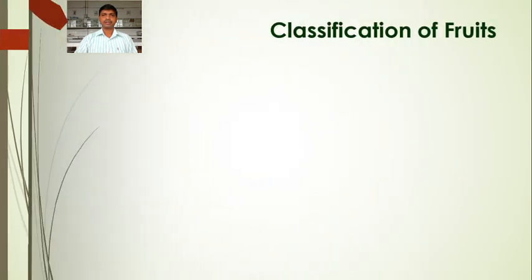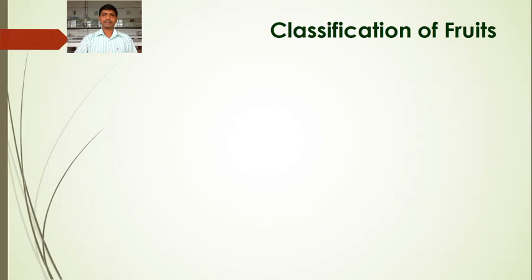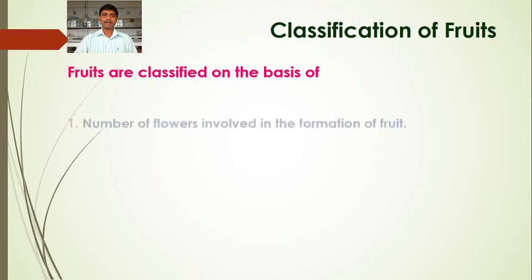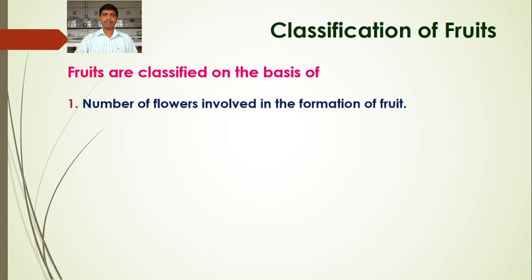Now we are going to study the classification of the fruits. The classification of the fruit is made on the basis of, first, the number of flowers involved in the formation of the fruit. So how many flowers are involved in the formation of fruit? This is one of the criteria.